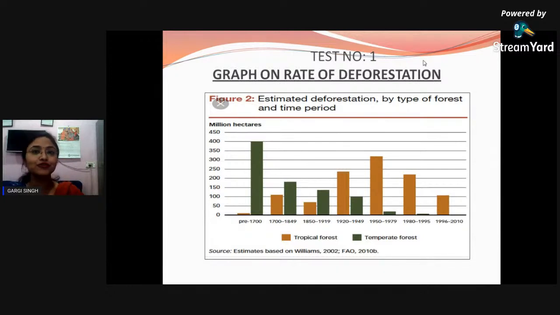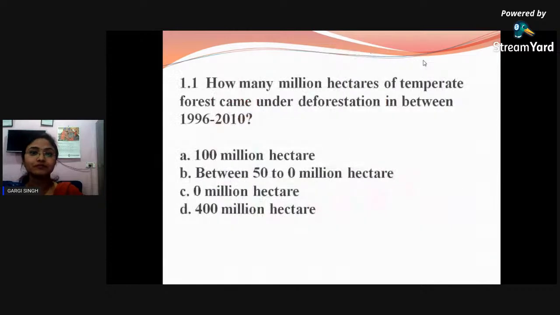Now let's move to the questions. The first question is, how many million hectares of temperate forest came under deforestation between 1996 and 2010? This question asks you to locate the information, to observe and retrieve it from the text.